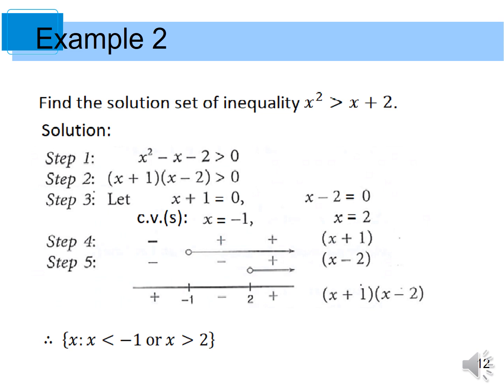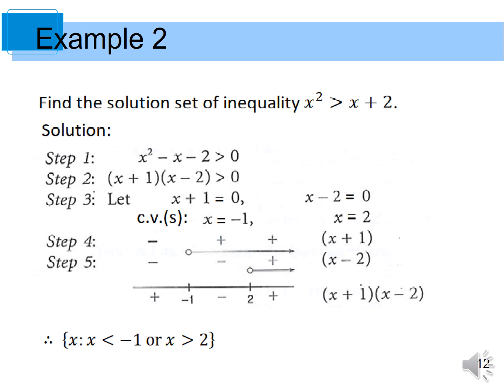Because the inequality sign is greater than 0, for the first factor the line goes towards the right. Same for the second factor, towards the right. And the sign is not equal, meaning that we shouldn't include -1 and 2 as well.